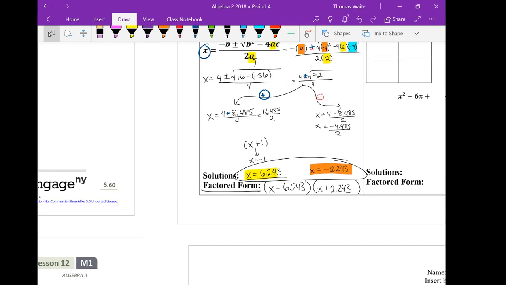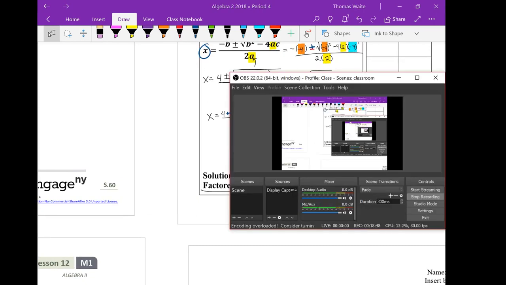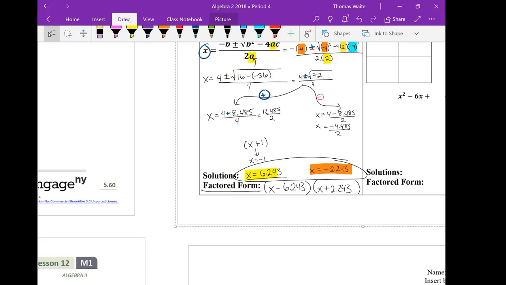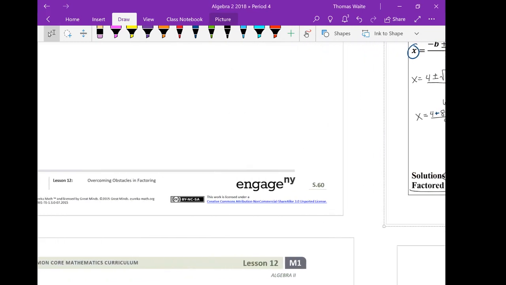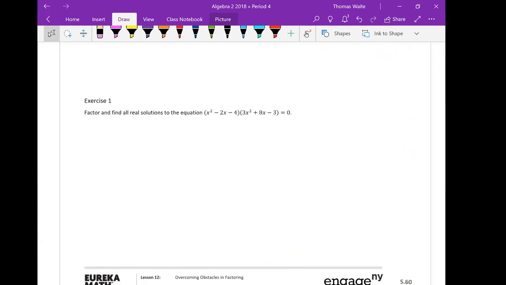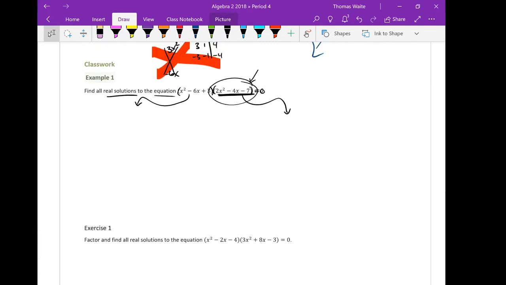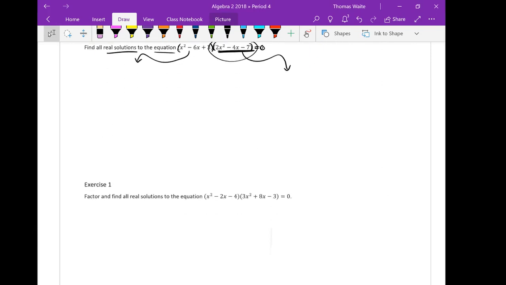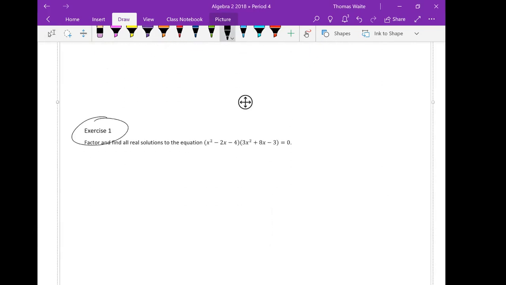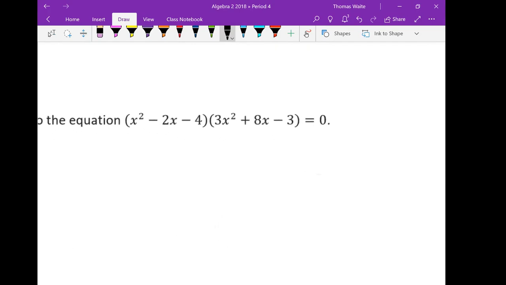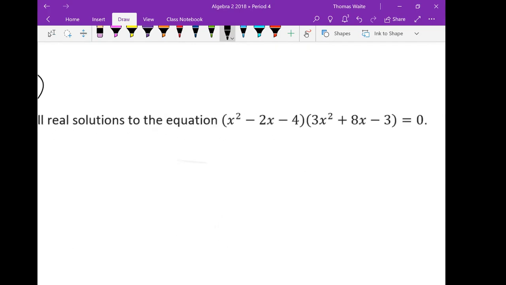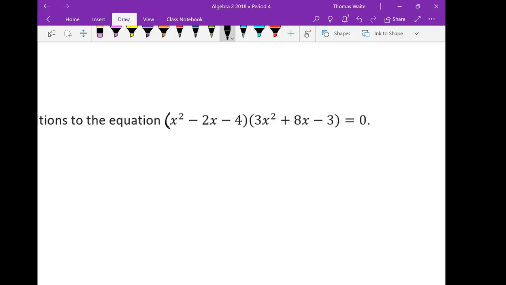All right. Great. So we've done one big walkthrough of this. I'd like now for you to do the following. I'd like you to go back to your binder on page 60. Down here on exercise 1, these are two quadratics right now that are set equal to 0, two quadratic factors.